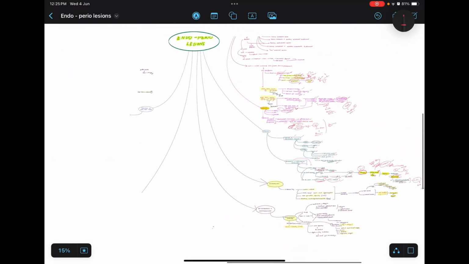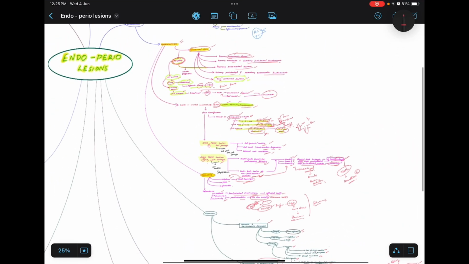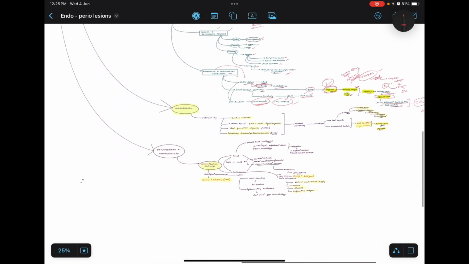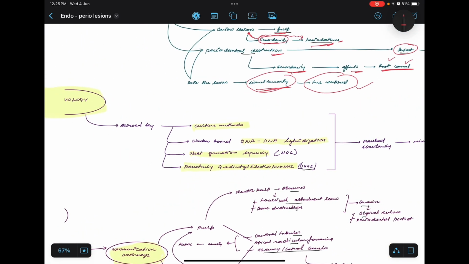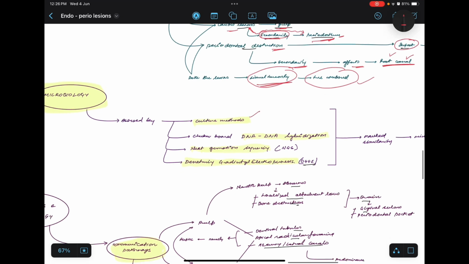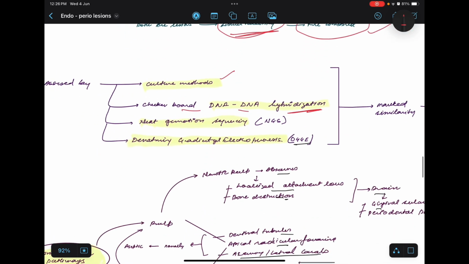Up until now we have covered the introduction, then the classifications, now etiology, and now moving on to the microbiology part. The microbiology can be assessed by culture methods, checkerboard DNA hybridization. I will not be covering them in detail here, you can go ahead and read about it. Then next generation sequencing and denaturing gradient gel electrophoresis.